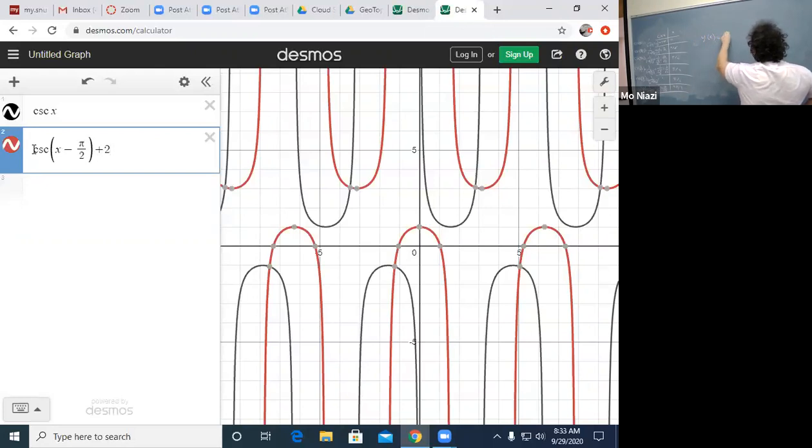I said sine, but it could say cosine. It could say cosecant. We're talking about secant here. We're talking about cosecant. Everything still applies. A is still the amplitude. B still allows you to determine the period. 2 pi over b is equal to the period.